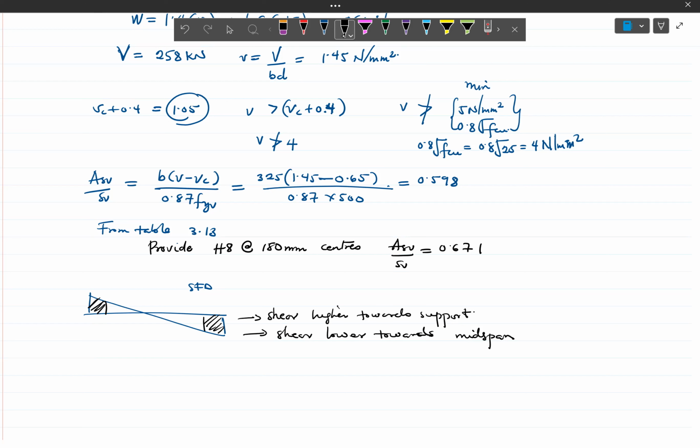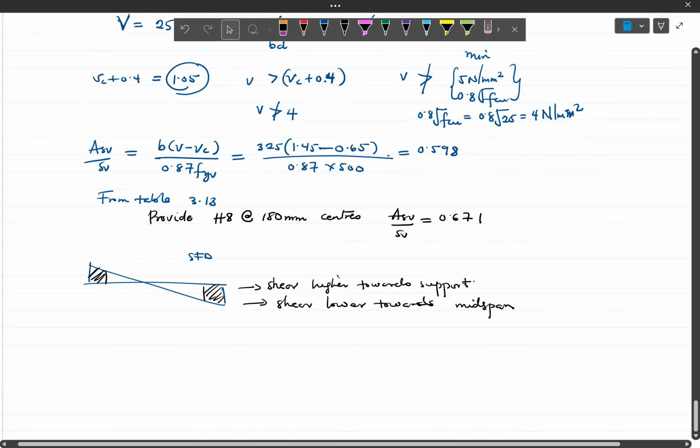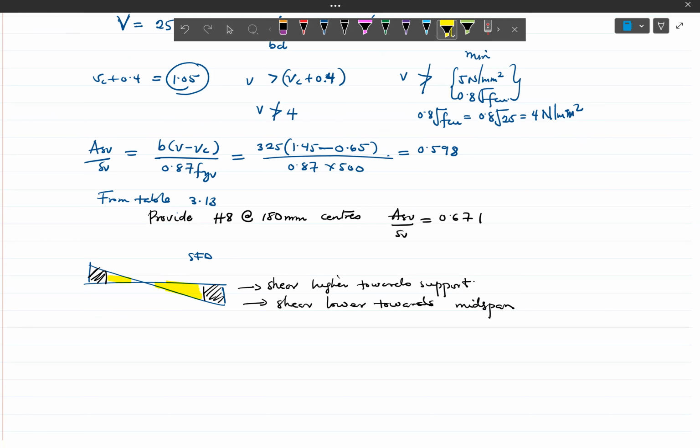What sometimes we do is to find the region where you need to provide shear links and the region where you need to provide nominal. These two regions may need just nominal.